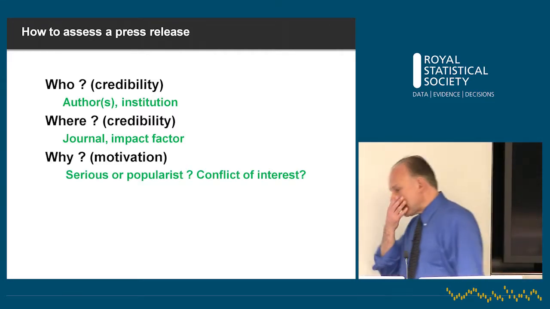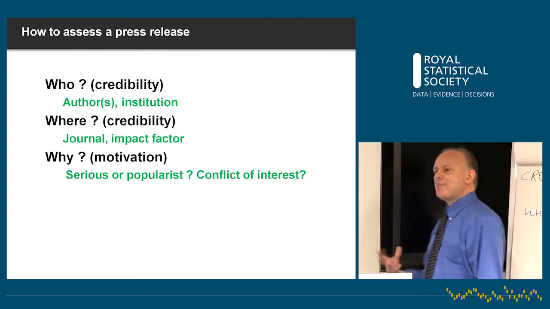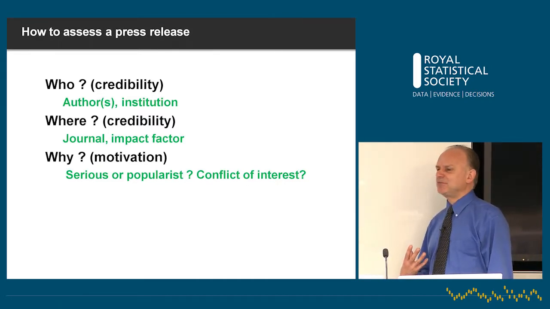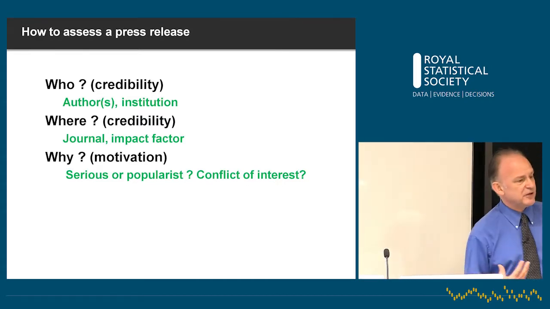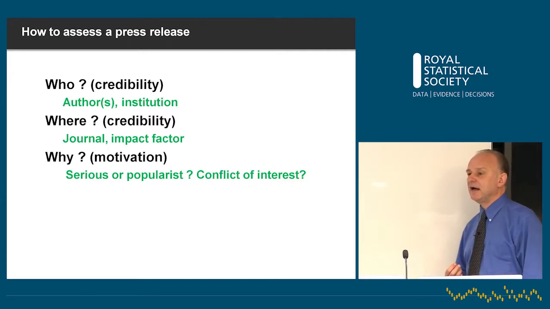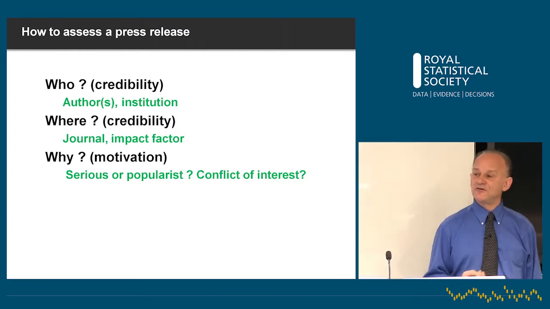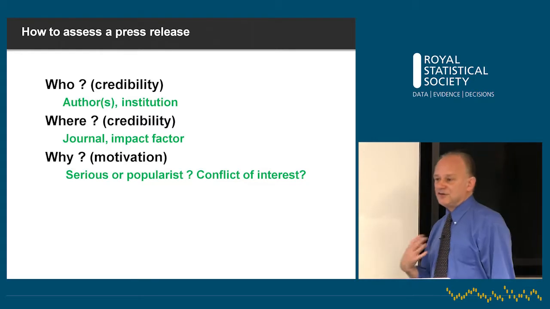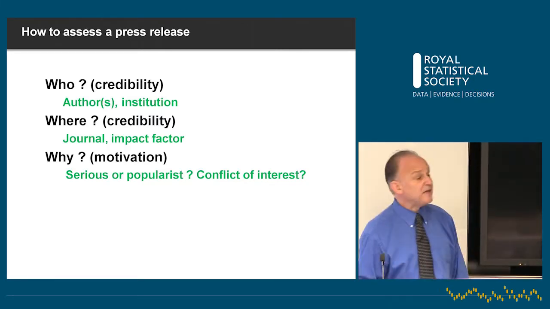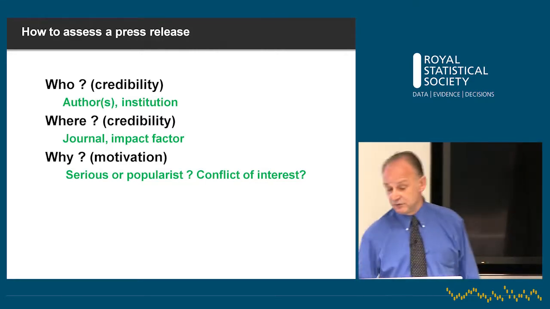So is this a bit of serious research, or does it have a popularist feel? Like, this has been picked up not because of the strength of the evidence, but because of the subject matter. I'm being asked to write this, aren't I? I just have a bad feeling about it. I think they've written the press release to give me a story rather than to tell me some compelling science. Is there a conflict of interest? There isn't here, but that can be another issue in the small print.